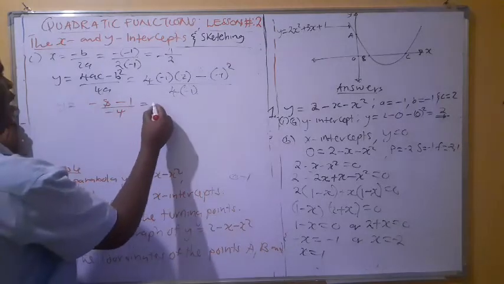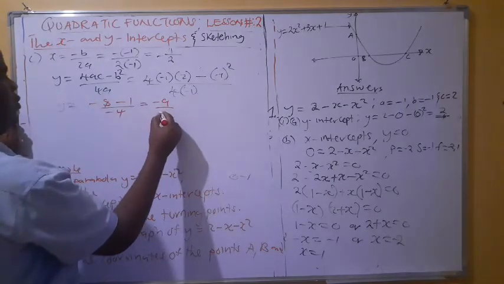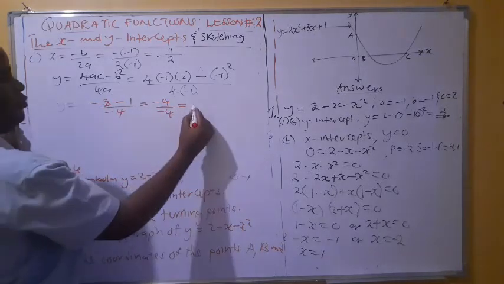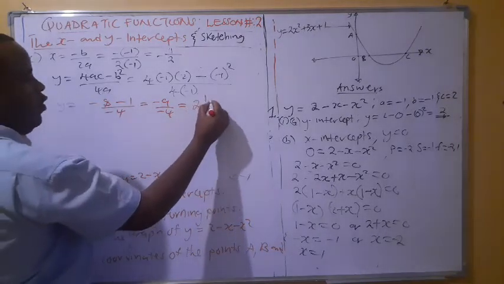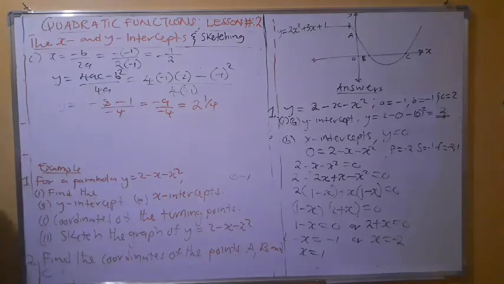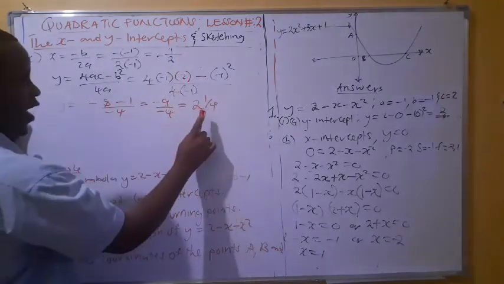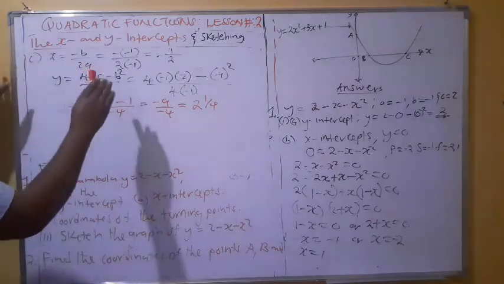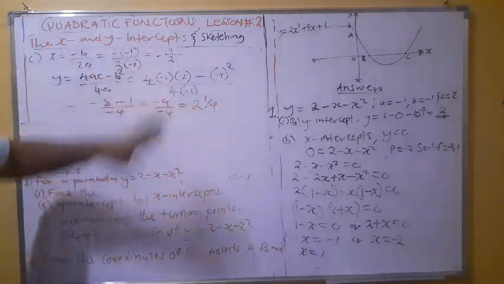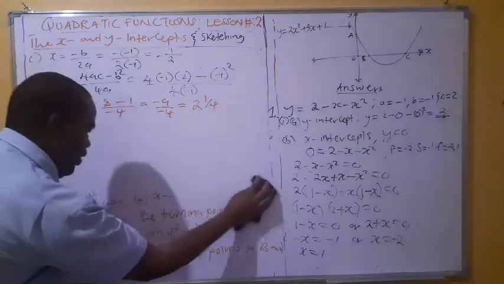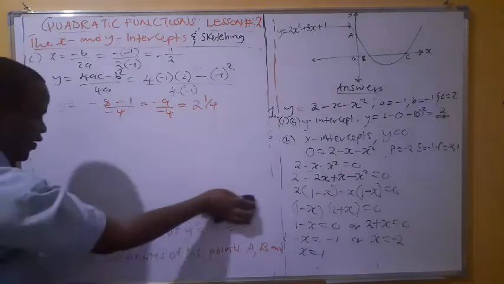So this is negative 9 over negative 4. So here, 4 into 9, you have got 2 and 1 over 4. So this is what we have here. So the turning point of x is this one, and the turning point of y is that. Again, please look at the lesson 2 where we have a presentation on this one. Then we got the second part where we are asked to sketch.